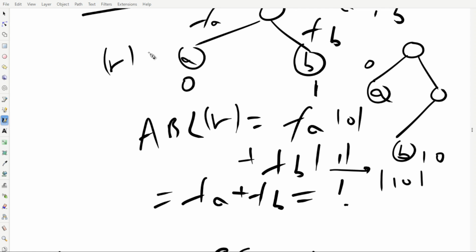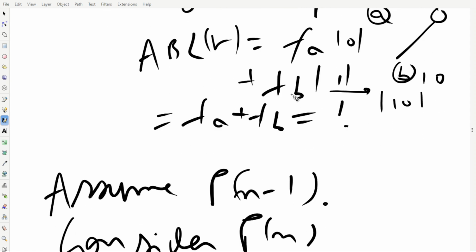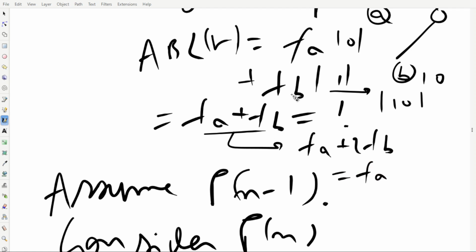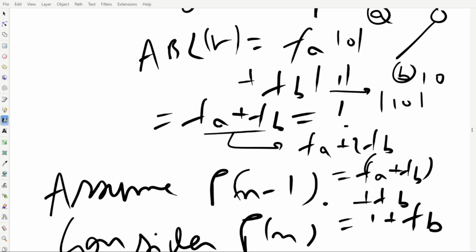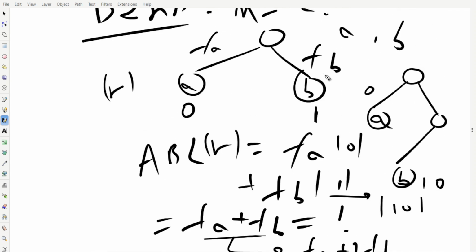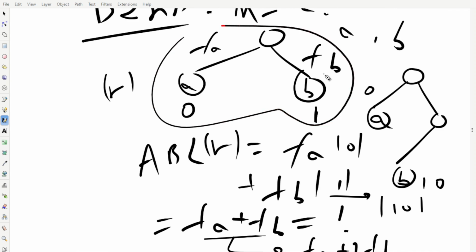If we compute, the new expression becomes FA plus 2FB, which is FA plus FB plus FB, that is 1 plus FB. So we are getting a higher average bit length than before. So the best possible that we can do for the basis case is this: A has encoding 0, B has encoding 1.